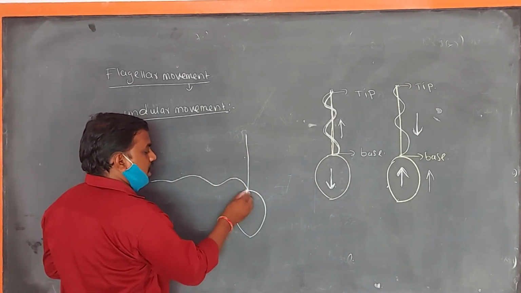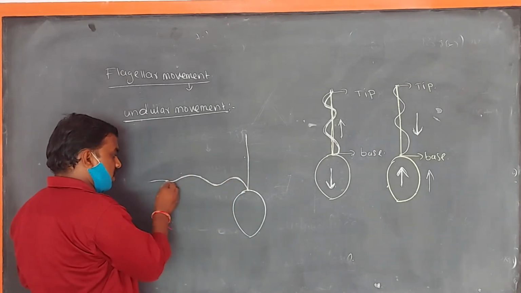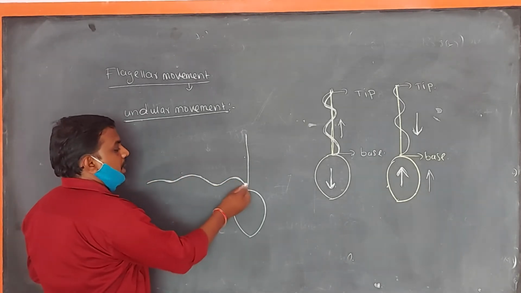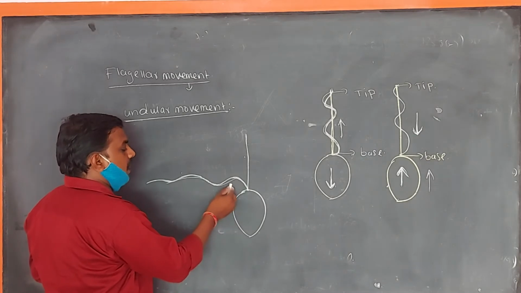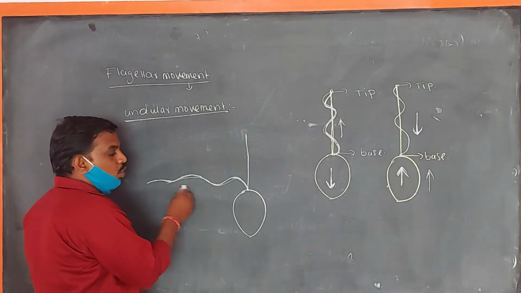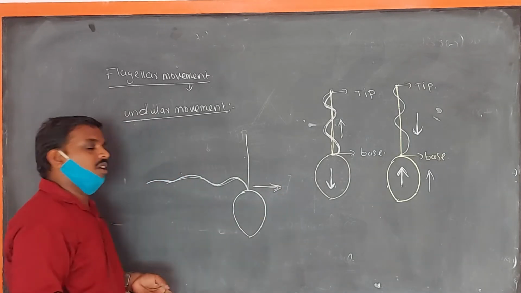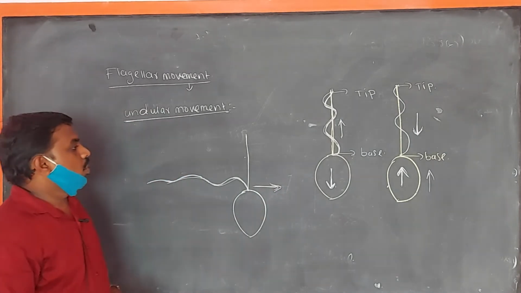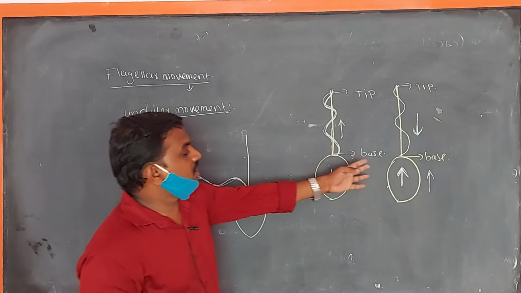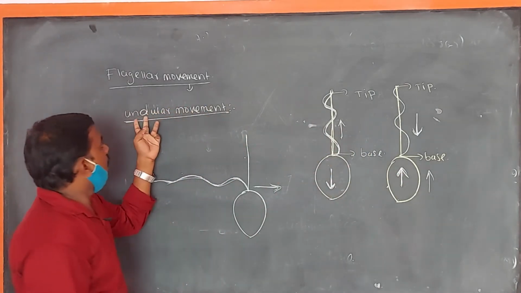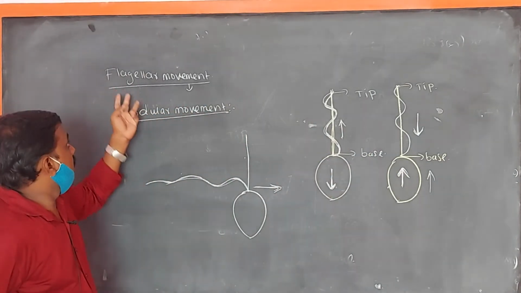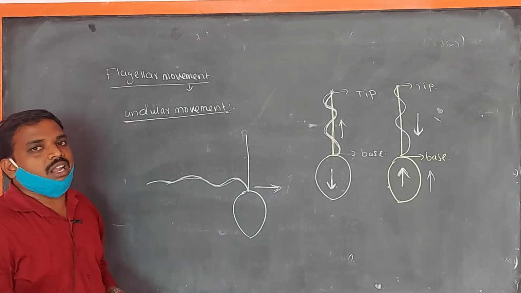The flagella which bend into one side and beat against the water, so the organism moves in a lateral direction. So these three types of movements are seen in angular movements with the help of flagella.